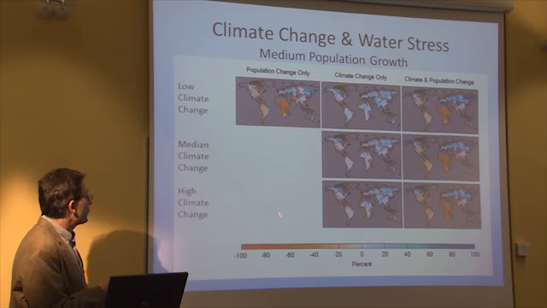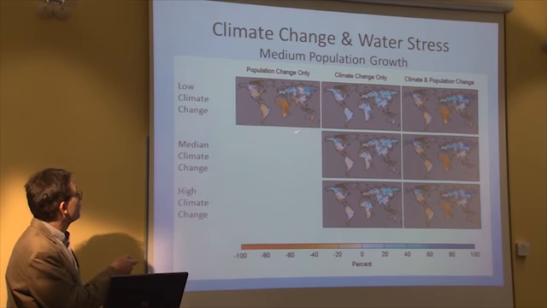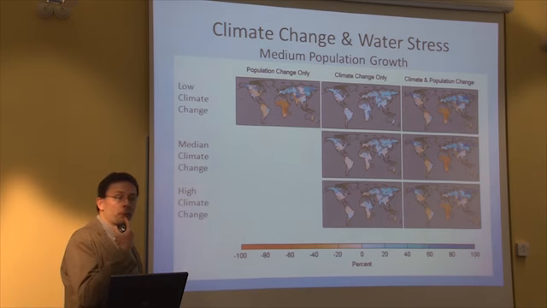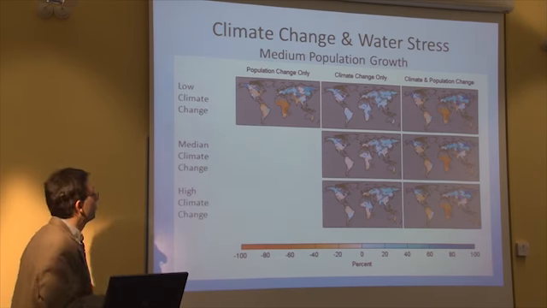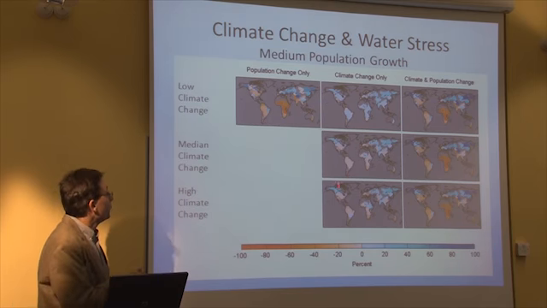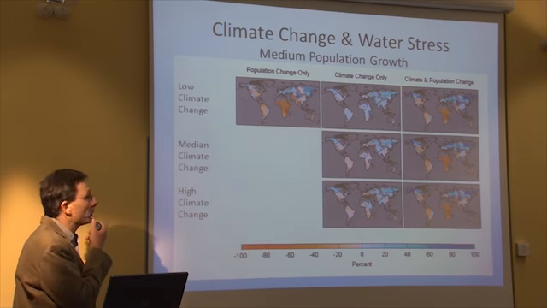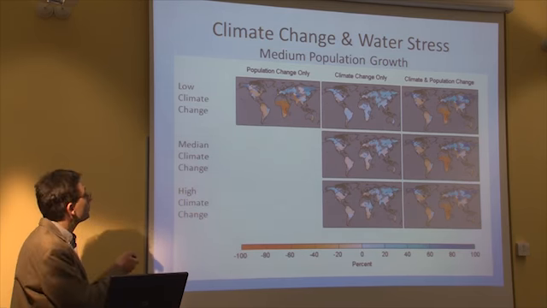So if we just take this first case here, this is population change only. It's a middle-of-the-road population scenario. So one of the ones that sort of goes through the middle of the set of scenarios that I showed earlier. And the pattern that we see in terms of river basins with an increase in stress is very similar to what I showed earlier.